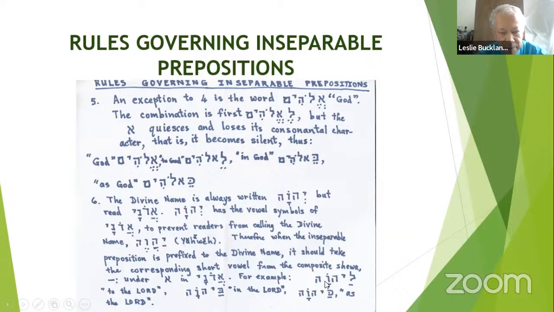So instead of following the vowels of Yahweh, what is done is to follow the vowels of Adonai, which is read in place of Yahweh. So when you put the preposition lamed before Yahweh, you give the preposition the pathach, because it is the same as the pathach that is part of the composite shewa under the aleph.